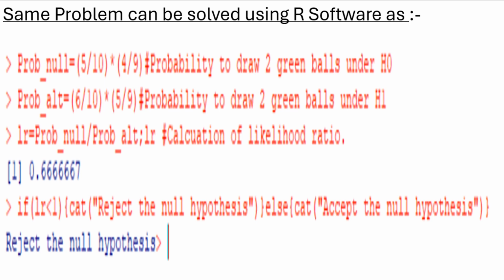And now we even make the software to take the decision given these conditions, that if likelihood ratio test is less than 1, we reject the null hypothesis, else we accept the null hypothesis. So the software takes the decision to reject the null hypothesis, which is the same as the one we took after manually solving the problem.